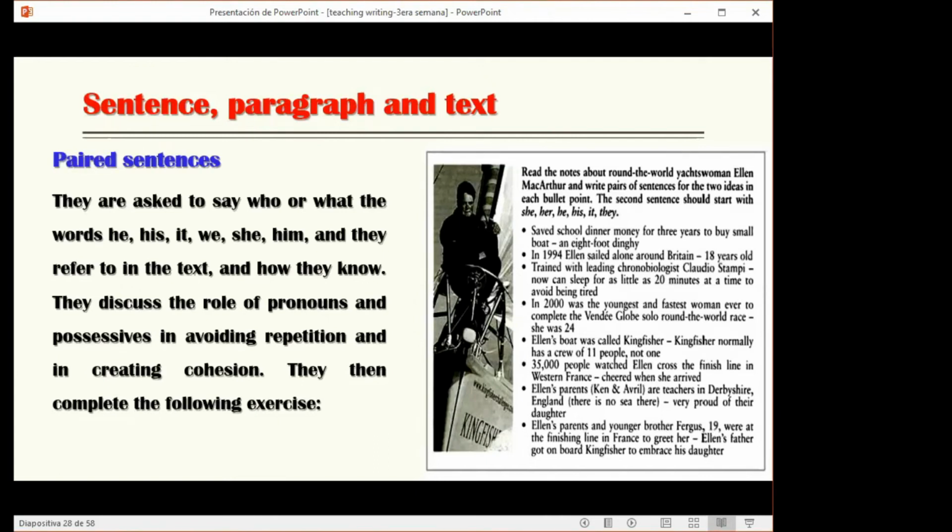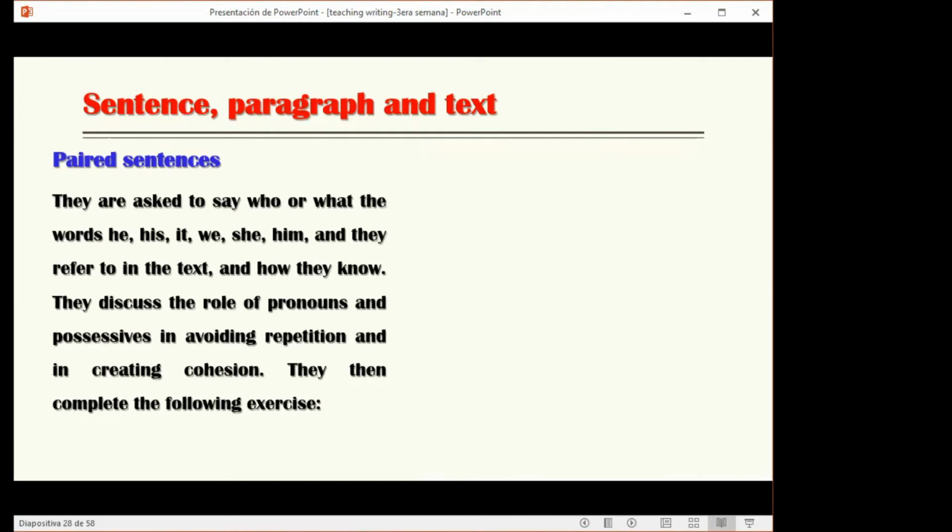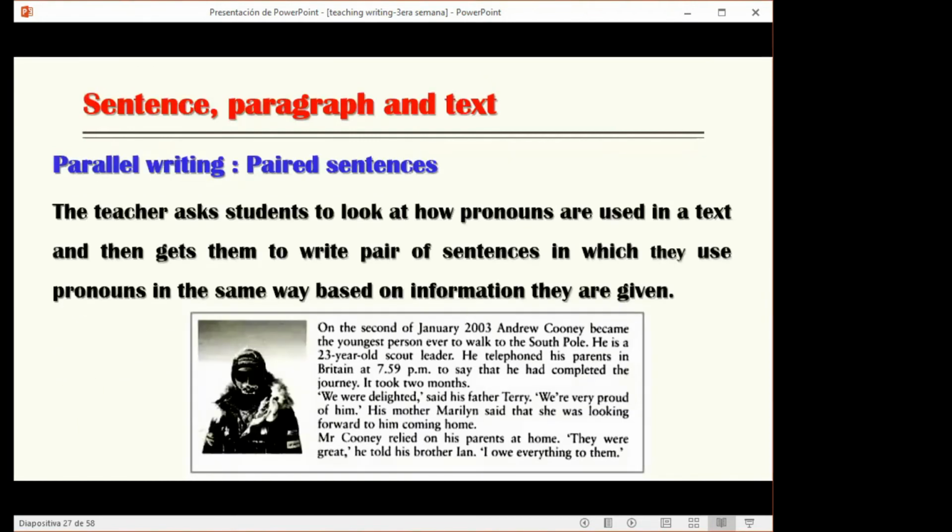So we are practicing here reference, the use of pronouns. We use pronouns to avoid repetition and create cohesion. So first, notice, they analyze it. So you give a model and they analyze the use of pronouns.